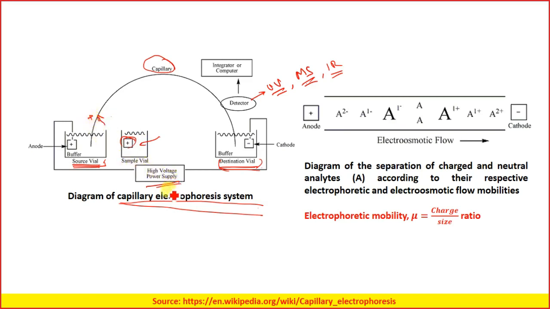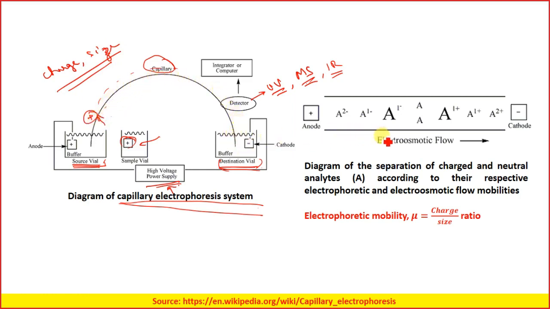Now when you switch on this power supply, it will push the cations towards the cathode. Depending upon the charge and size, these cations will be moving towards the cathode.